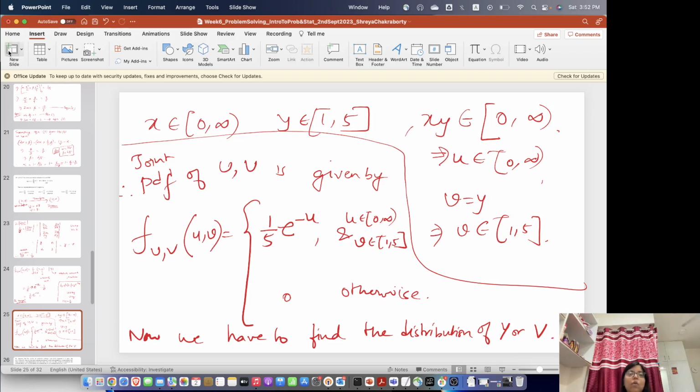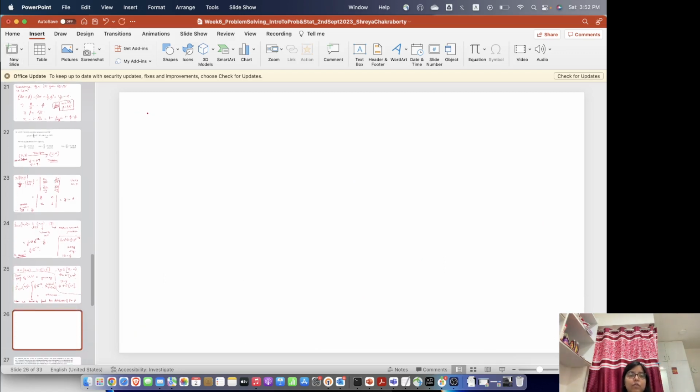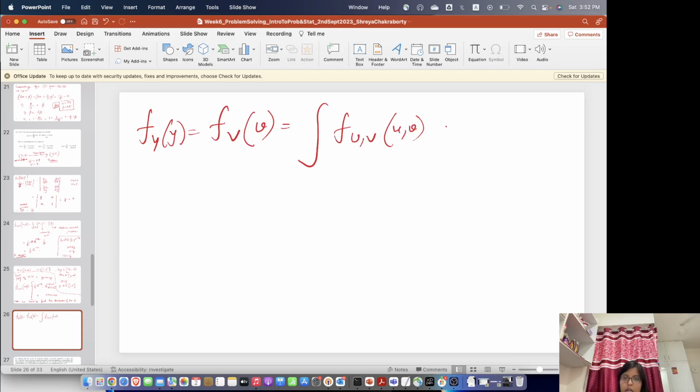So how? Then f of y is essentially f of v, which can be written as the integral of f of uv over the range of u. Is it okay?